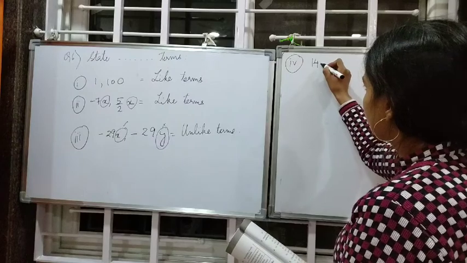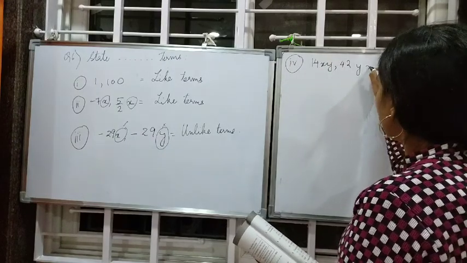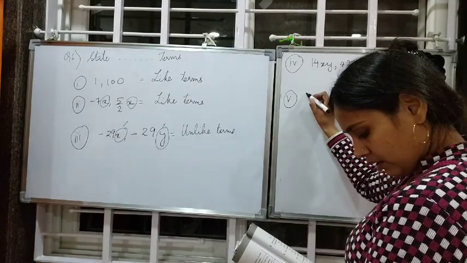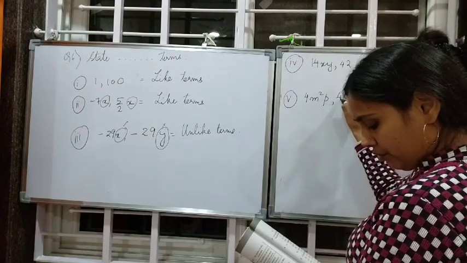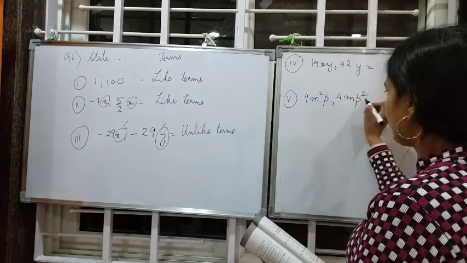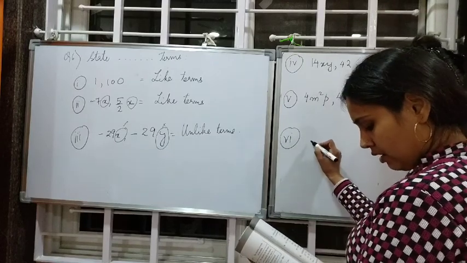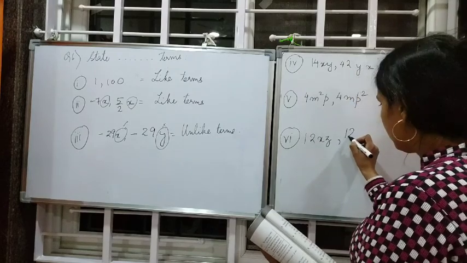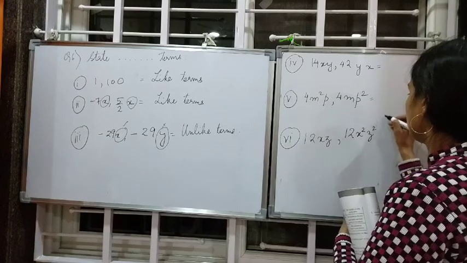14xy, comma 42yx. Fifth one is 4m square p, comma 4mp square. Sixth one, 12xz, comma 12x square z square.